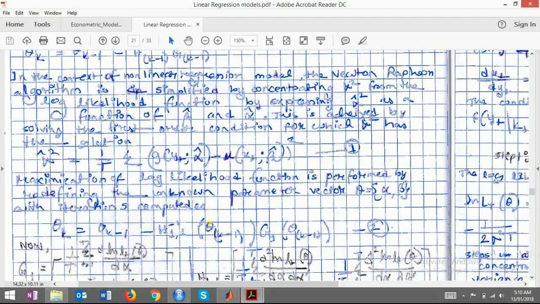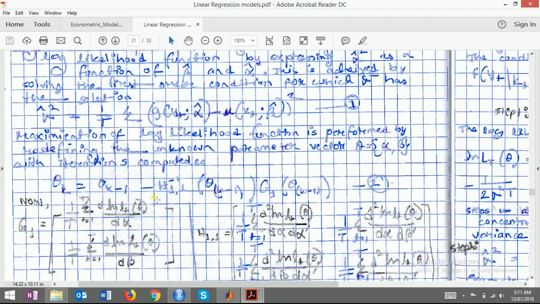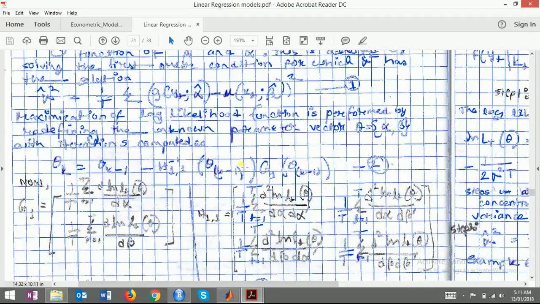Maximization of the log likelihood function is performed by redefining the unknown parameter vector theta as alpha, beta, with iterations computed as we just said: theta k equals theta k minus 1 minus gradient and Hessian of the earlier parameters.